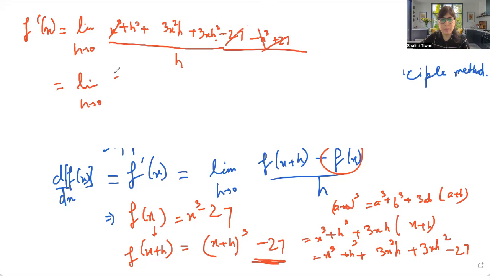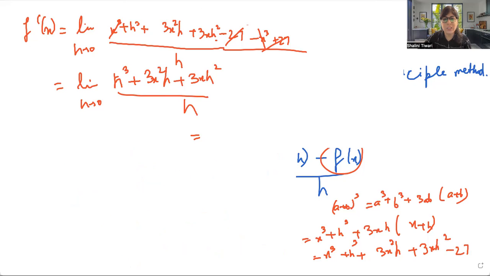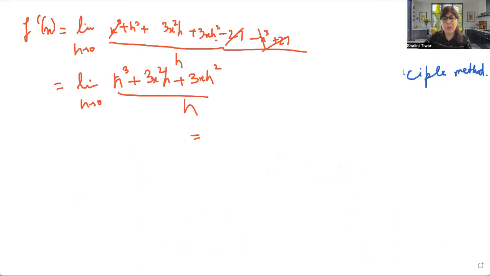Now what is left is h cube plus 3x square h plus 3xh square over h. Now, in the denominator, we cannot have 0 because h tends to 0. So finally, we need to put it as 0. If we put h as 0, the value becomes not defined.